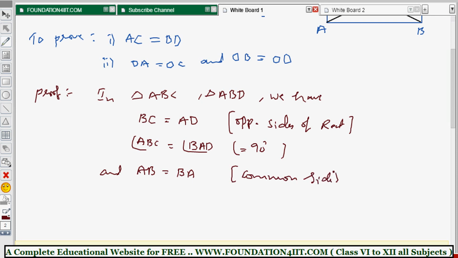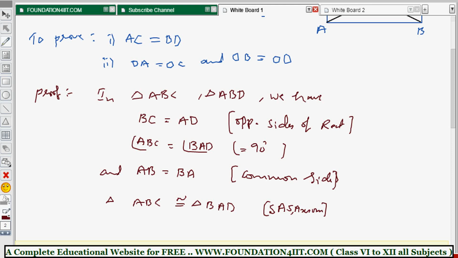Right? Now if you observe the side, angle and side, therefore triangle ABC is congruent to triangle BAD. So this is the SAS axiom.